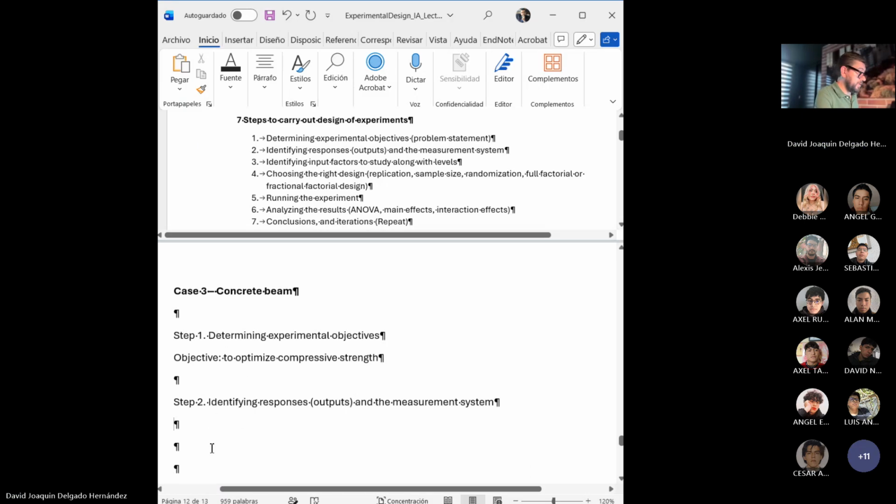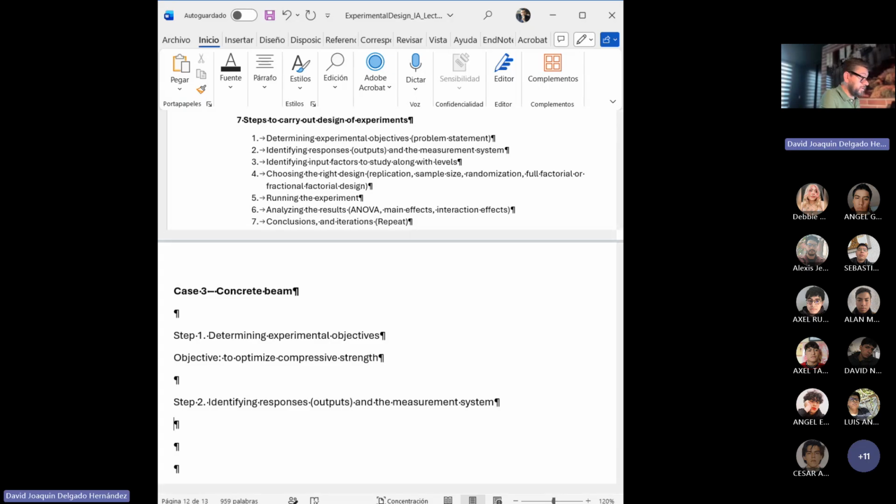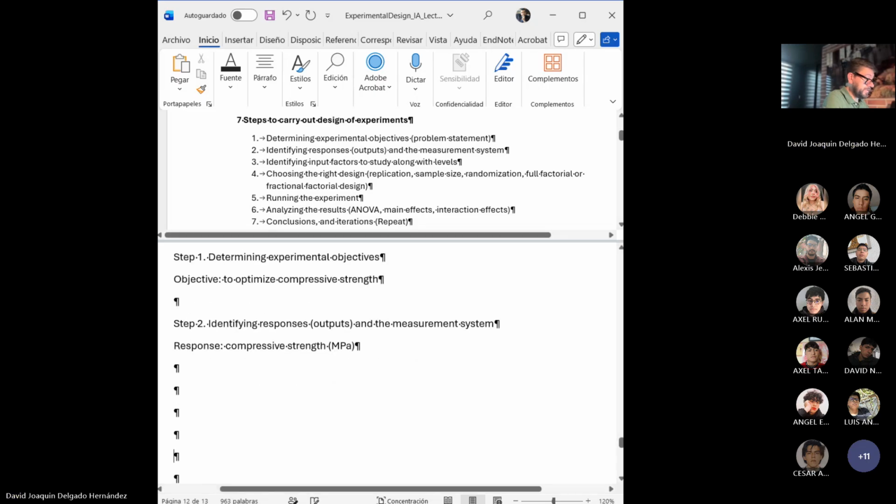Perfect. So our response will be the compressive strength, and we are going to measure that in megapascals. Okay, perfect.